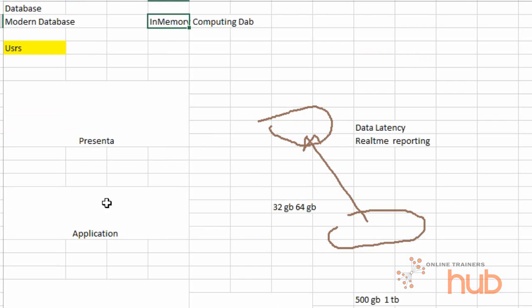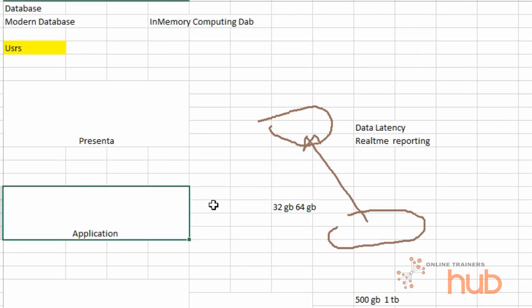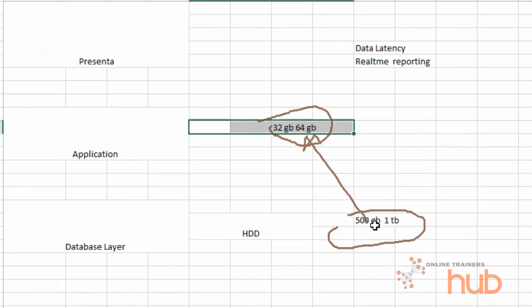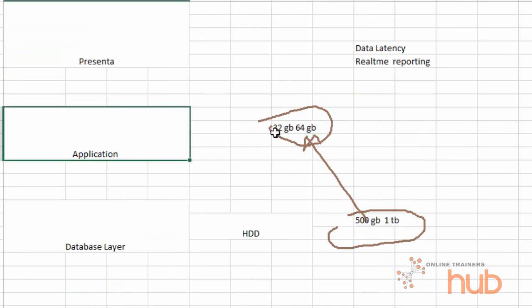And the second thing is how much data you can hold. Right now the size of the data is not going to be the limiting factor. You can load data from 500 gigabytes even up to 10 terabytes into this RAM itself.